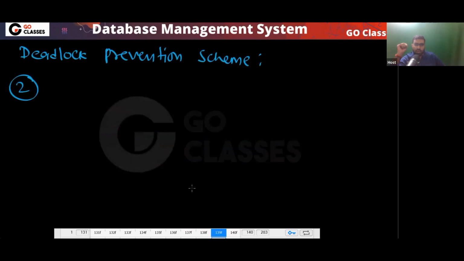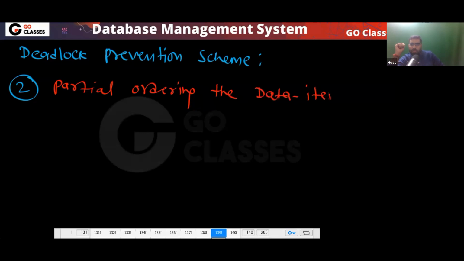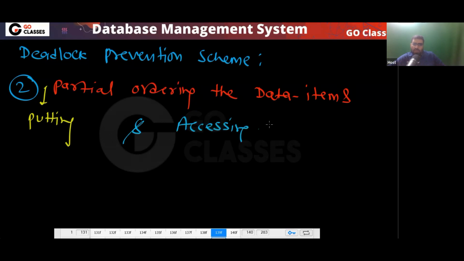You give a partial ordering to the resources, you put a partial order on the data items, and then you access them only in this order, according to this order.